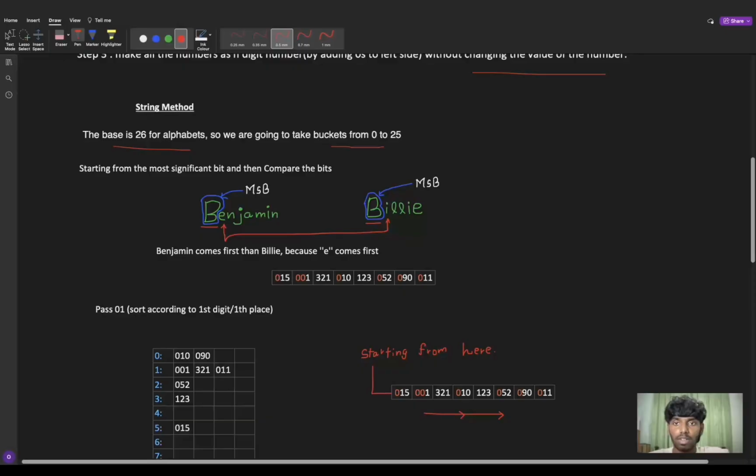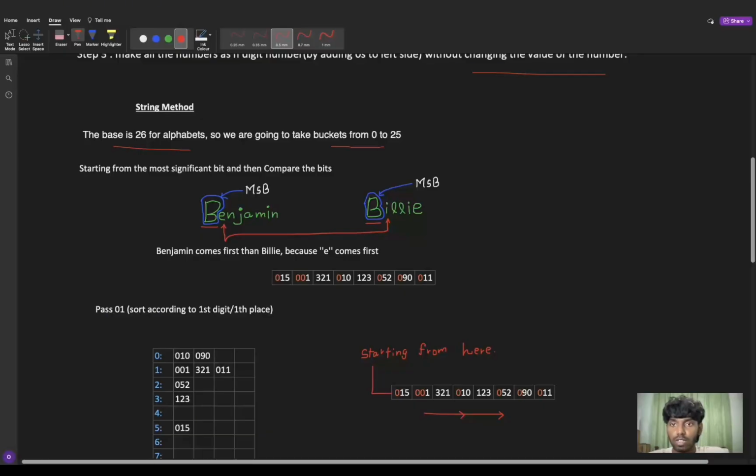You can see we got Benjamin right here and Billy right here. In the string method, we start from the most significant character and then compare the other characters. For example, Benjamin and Billy: the B is the most significant character, and both have the B. Because both have B, we look at the second character, which is the second most significant.